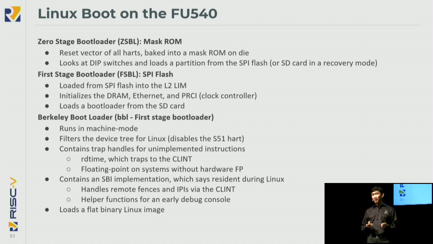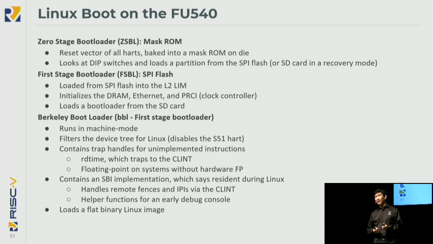And that bootloader is nothing more than the BBL itself. So the BBL runs in machine mode. It filters the device tree for Linux and disables the hart or core that does not need to run Linux.